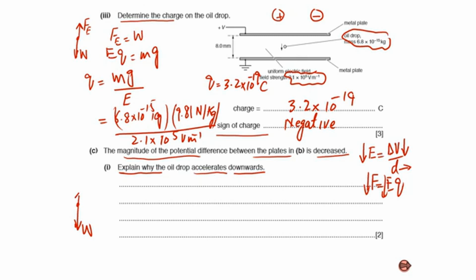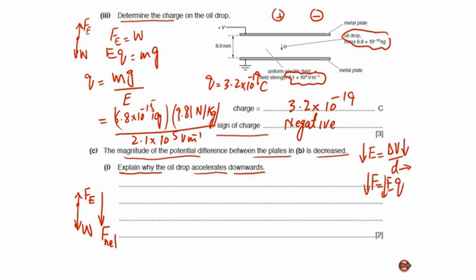So it means there is a resultant force now. We need to find the direction of the resultant force, and that has to be down. So this is F net, or we can say the resultant force, and its direction is down.